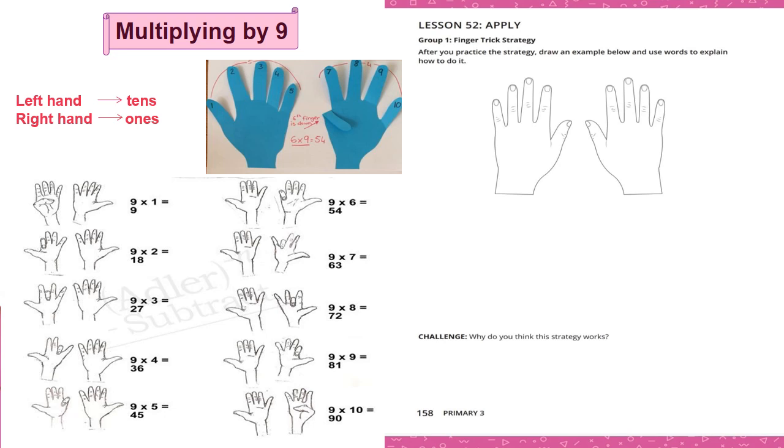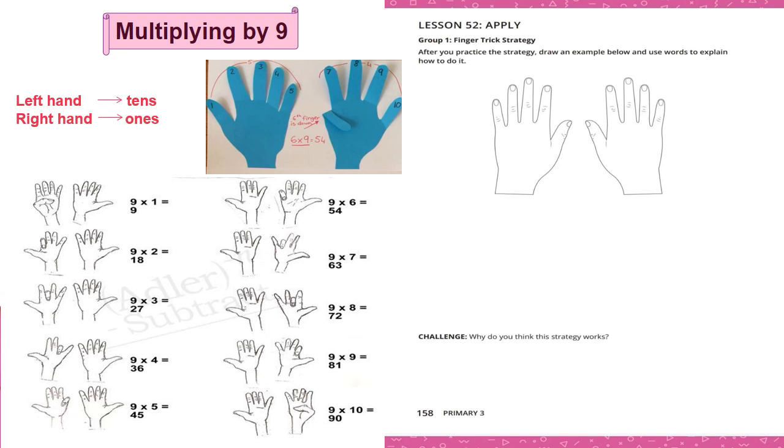And we said before, left side means tens home. And how many fingers on the right side? 8 fingers, yes. So it means 8 in ones. I have 1 in tens and 8 in ones. It equals 18.